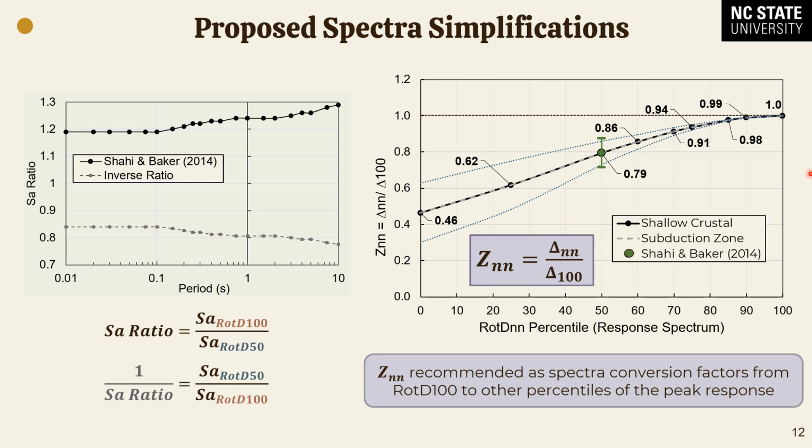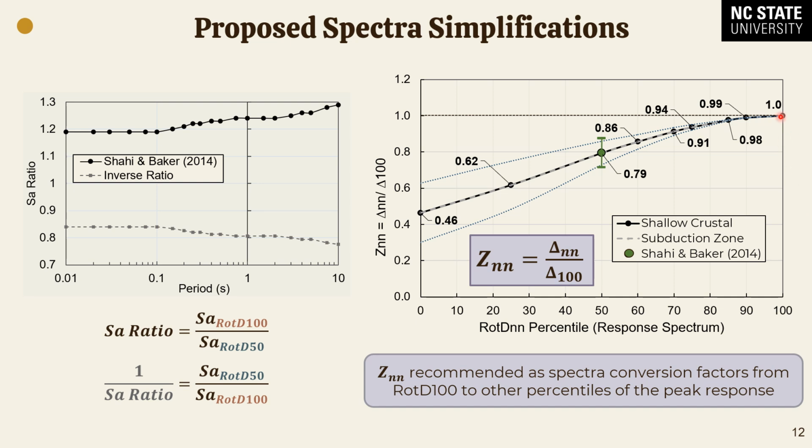So in this plot, we are summarizing the results of our sensitivity analysis using a suite of ground motions, and we're superimposing the Shahi and Baker study, which only looked at the rho D50 to rho D100 relationship. In this case, you can see that the dashed gray line and the solid black line refer to two different tectonic regions that the ground motions we used belong to, and they're right on top of each other, meaning that there is no impact from tectonic region affecting this proportion of any rho DNN to rho D100.